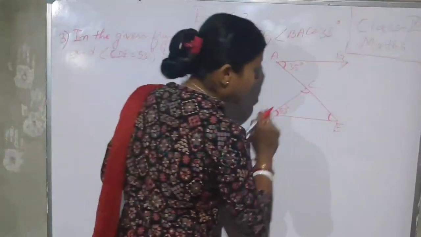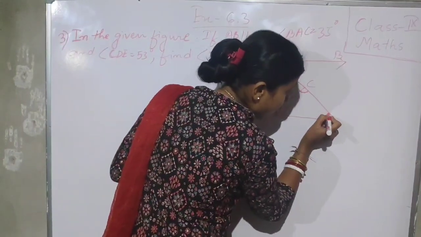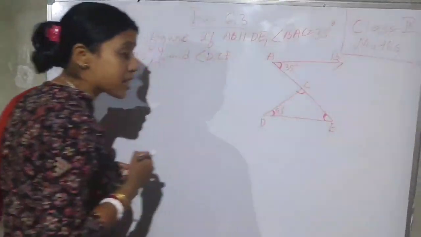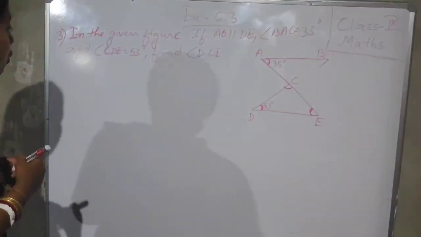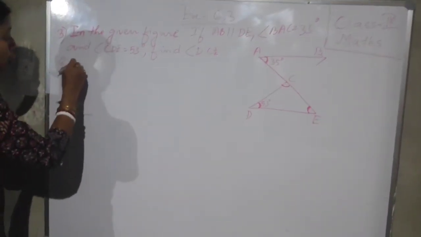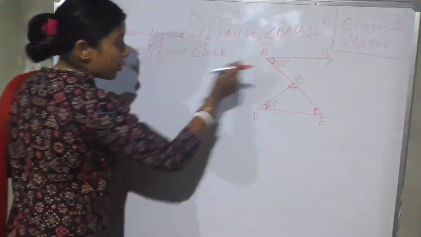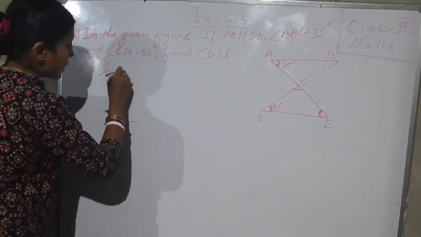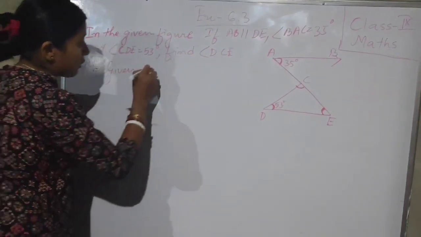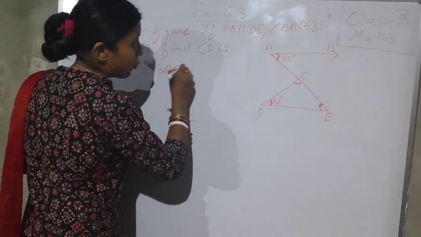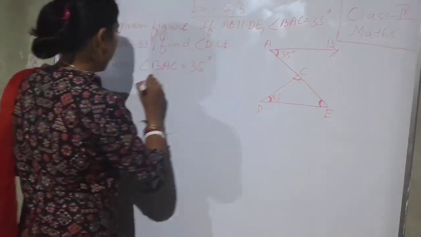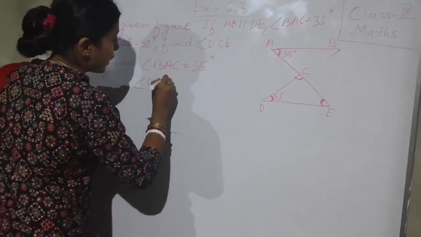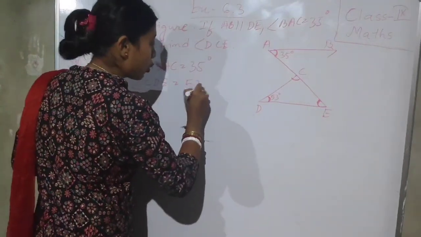So to find angle BCD, first of all we have to find this angle. Then only we can use the angle sum property of a triangle, right? So how will we find this angle? We are given angle BAC equal to 35 degrees and angle CDE equal to 53 degrees.